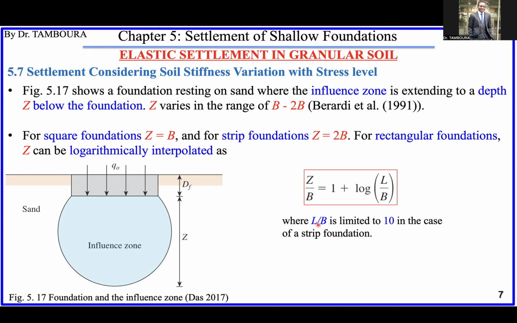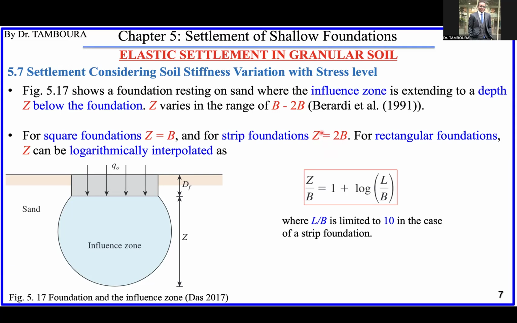This L over B is limited to 10 in the case of strip footing. So this means if you have L over B higher than 10, then you are in the case of strip footing.